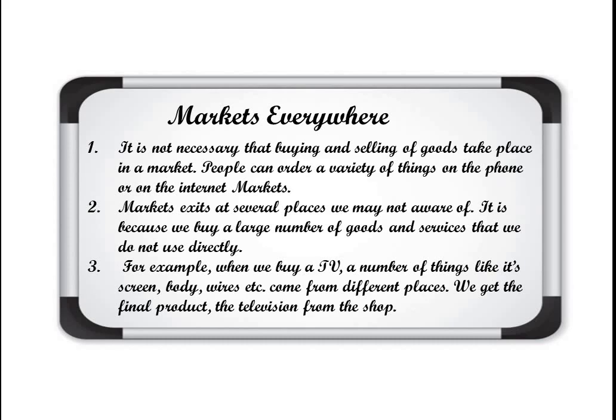They come from different markets that we do not know about, and we get just the final product, the television, from the shop. So this is all about markets everywhere, some that we do not even know about, and the online market, where we enjoy getting things at our home by placing the order. Clear?